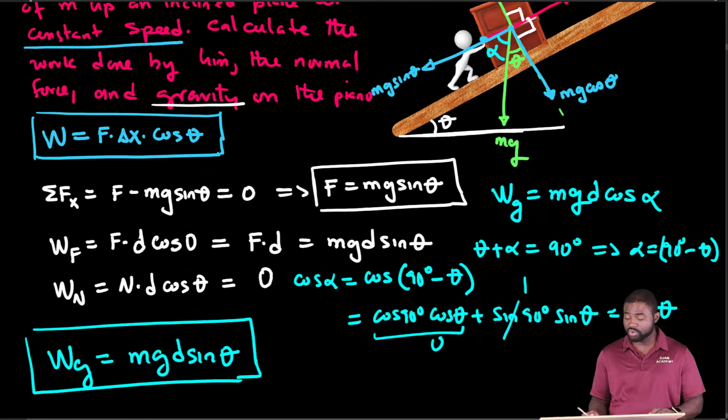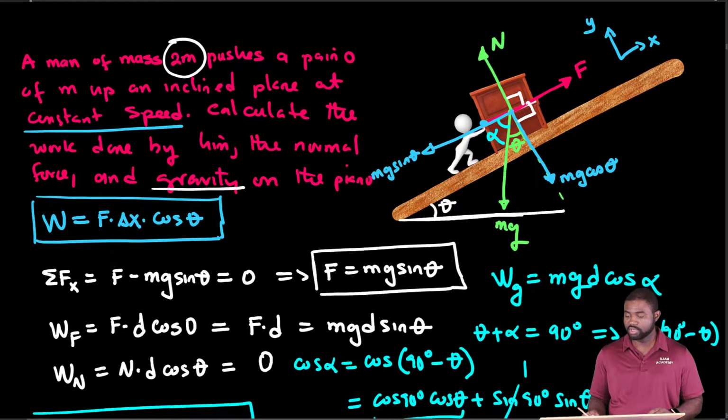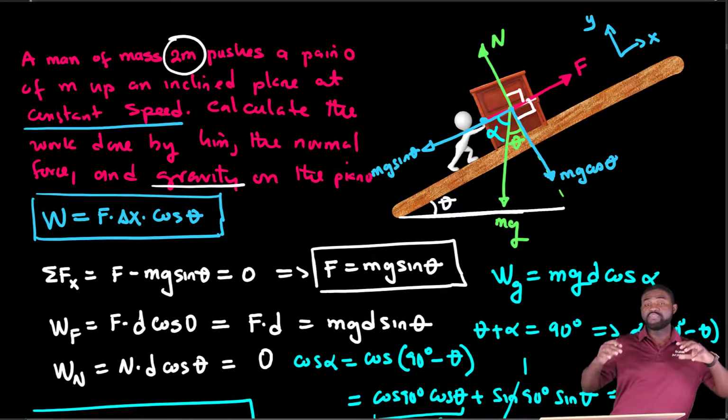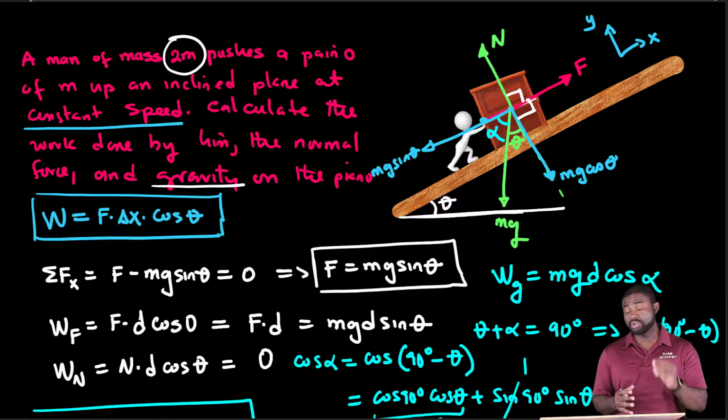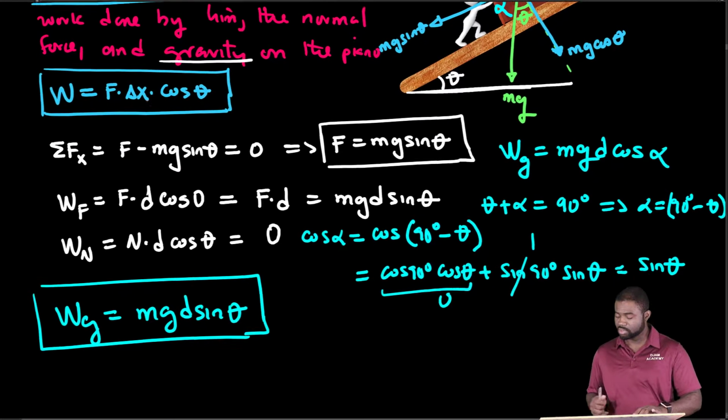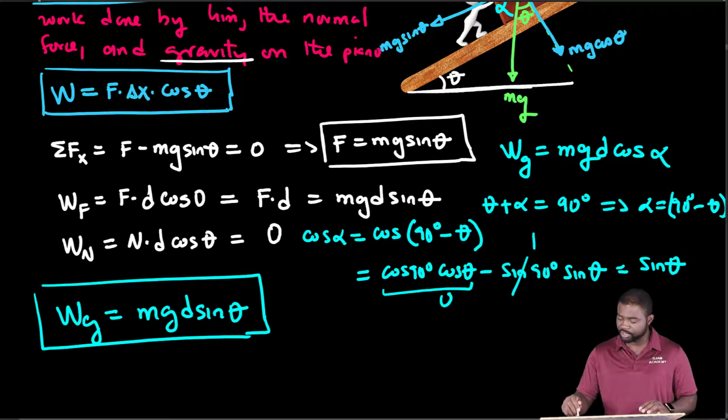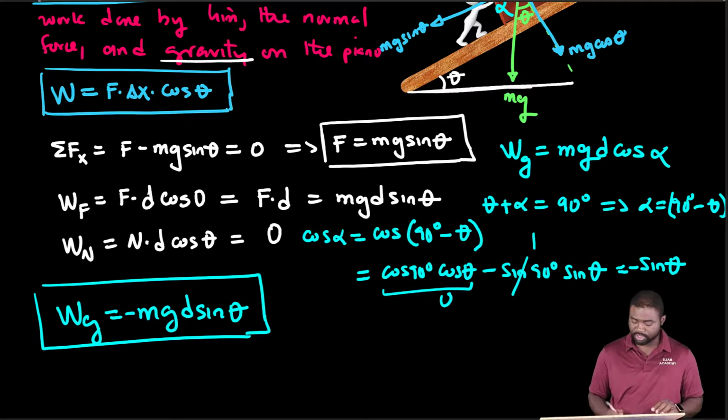Now, another way that you could have seen this beautifully is that, if you recall, in our previous lesson we defined work mathematically as the component of the force in the direction of the displacement multiplied by the displacement. Sorry, there's a negative sign here.